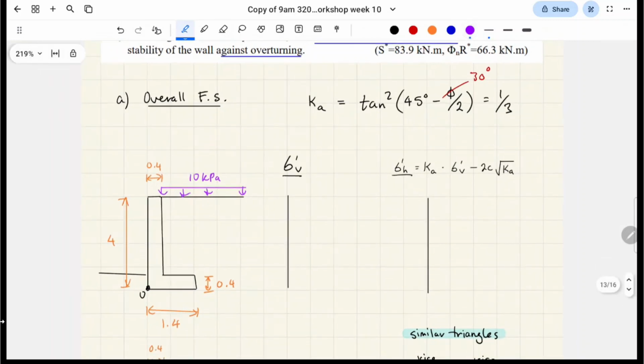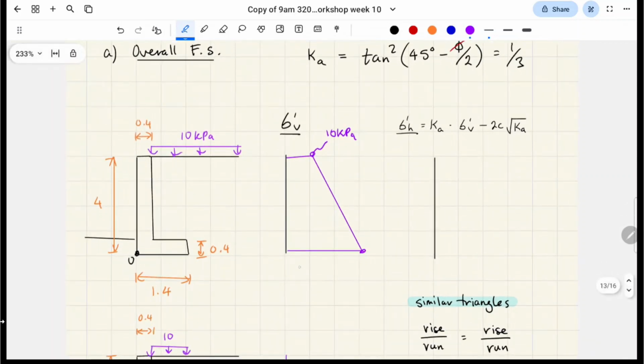For our vertical effective stress, it looks like this. A surcharge of 10, and then 10 plus the unit weight, 18, times 4 meters of depth, that's how much it increased by.